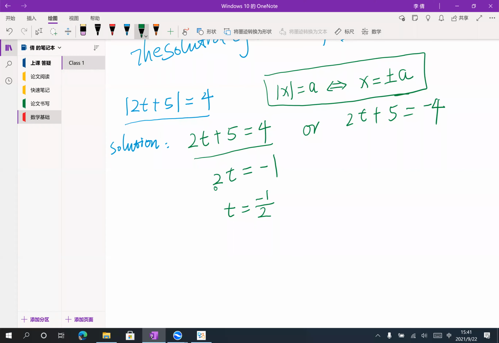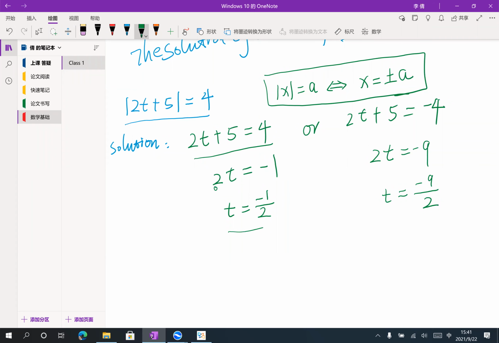And then from the second equation, we can get 2t is equal to minus 9, and then t is equal to minus 9 over 2, right?